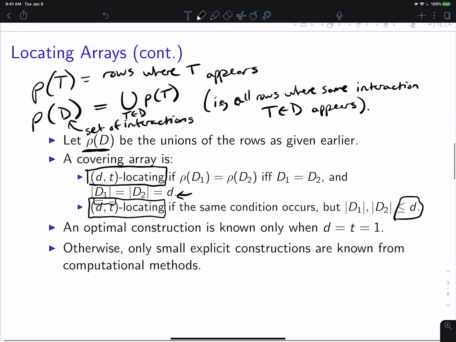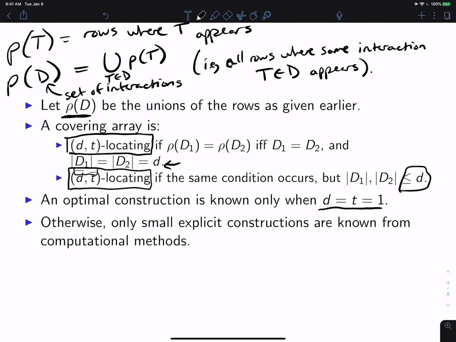Okay. In a covering array, when T is equal to 1, we know the optimal number of rows. And for a locating array, we know the answer when D and T are simultaneously both 1. But in every other case, apart from very small ones, there isn't an exhaustive set. So if I have D equal to 2, T equal to 1, we don't know the answer.